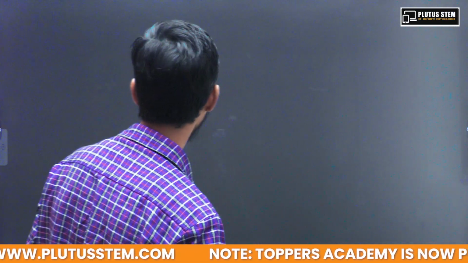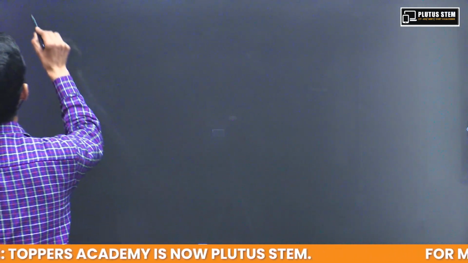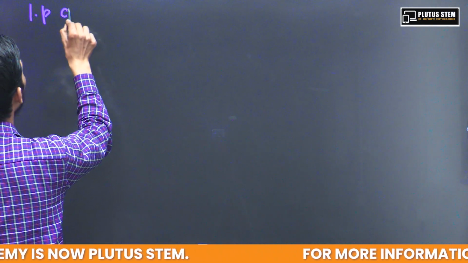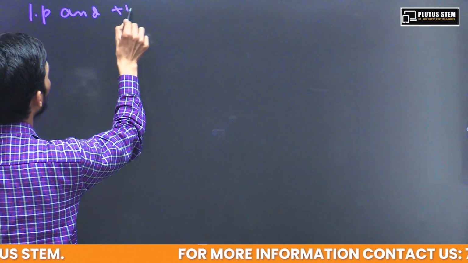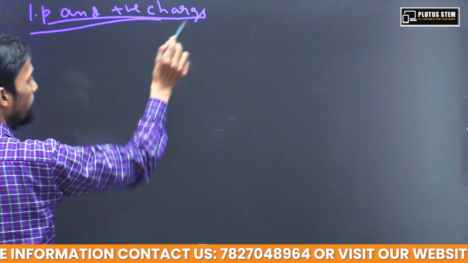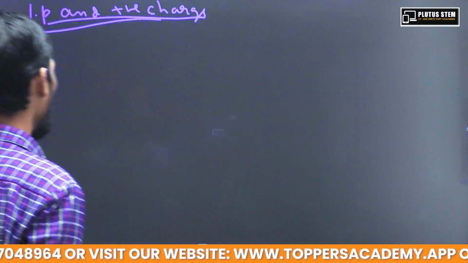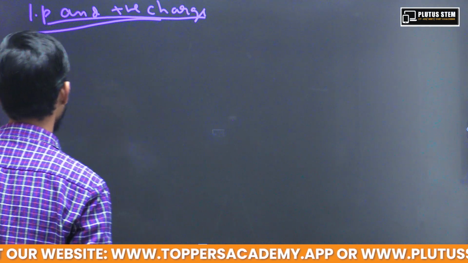So the third type of movement which we can see over here will be for lone pair and positive charge.